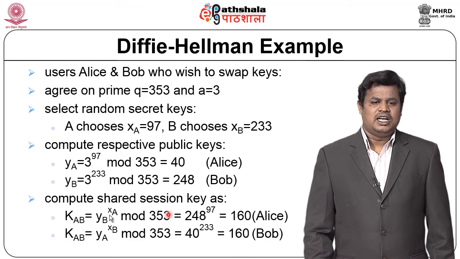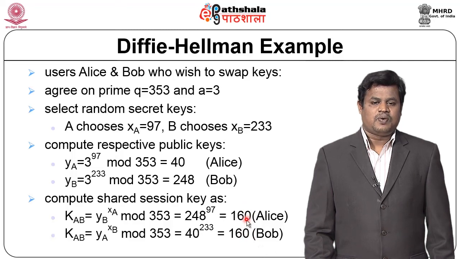Now, what is the shared information between these two? We can see, for example, if Alice wants to compute using his secret information, that is 97, he can get 160 as the key. Similarly, Bob wants to get the key using his secret information 233, that is 248 power 97 mod 353 and 40 power 233 mod 353, and we can understand that both values are the same.